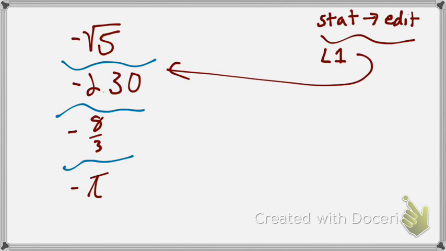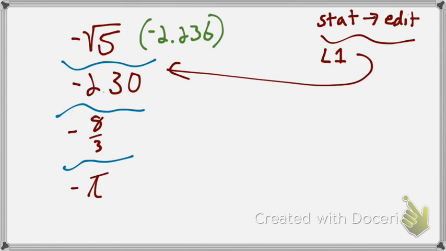Okay, so negative square root of 5. And the first thing you're going to notice is that it automatically changes it to a decimal for you. So I'm going to write down what decimal it gave me. It was negative 2.236. All right, then I'm going to have negative 2.30. That's already in decimal form.